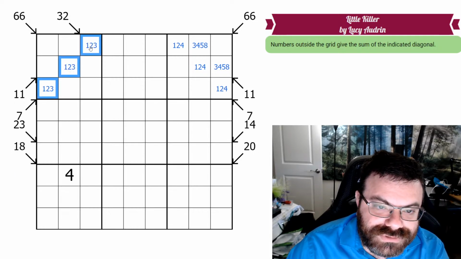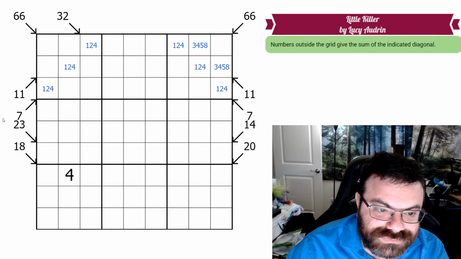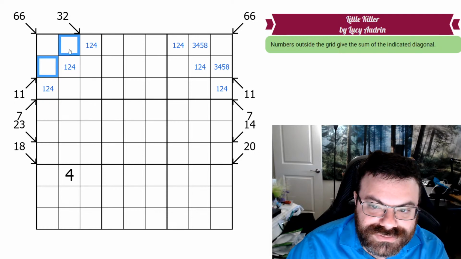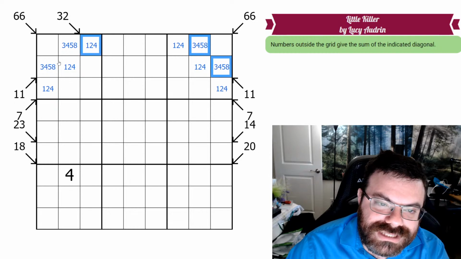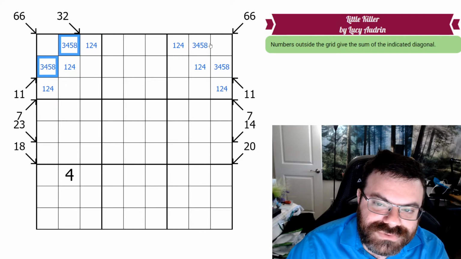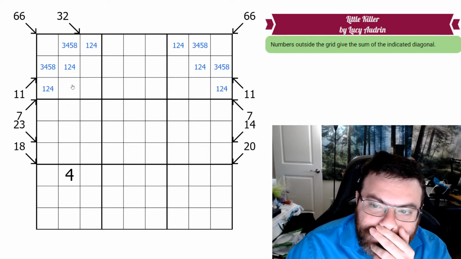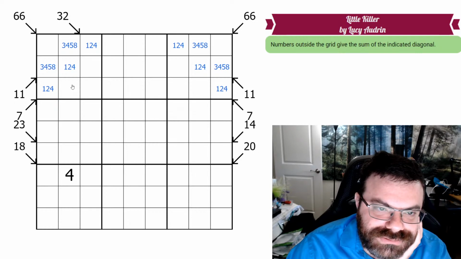This is also 1, 2, 4. And this is... I guess these could even be the same numbers as each other. Got a lot of symmetry going on here.